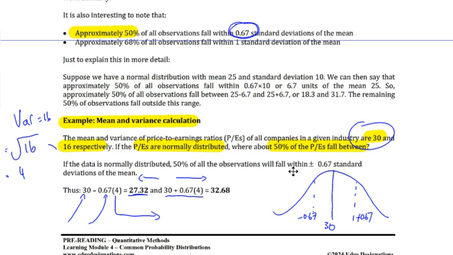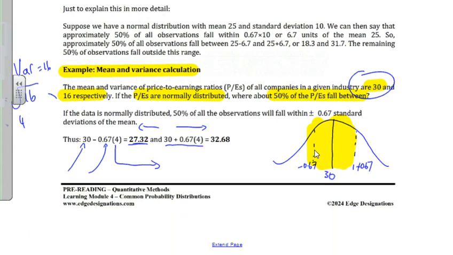And that would include how many of my observations? Not exactly so well drawn over there, but hey, 50% observations. What number would 0.67 to the left and plus 0.67 to the right be? We've shown you those calcs over there.